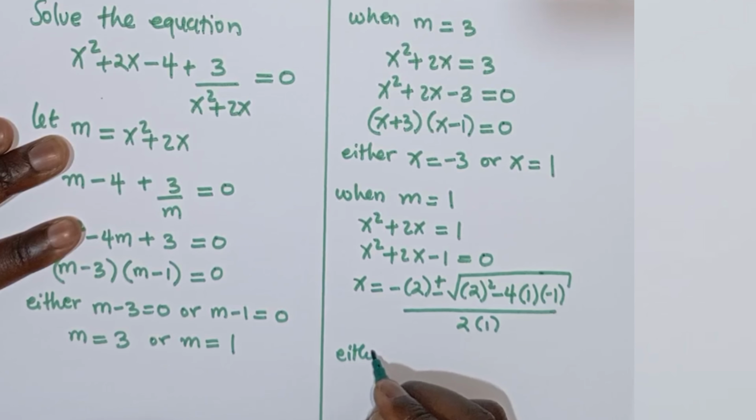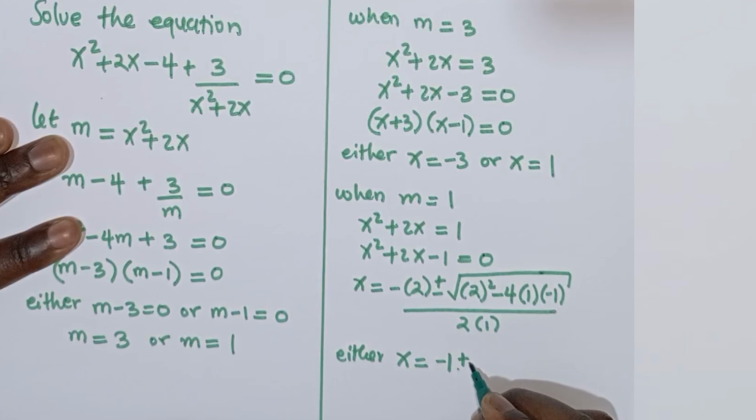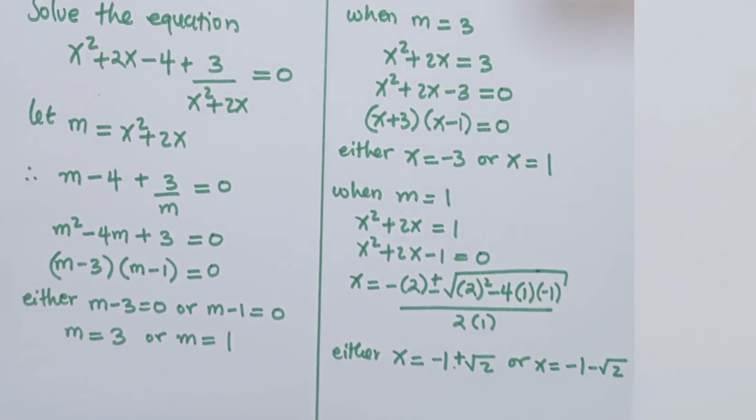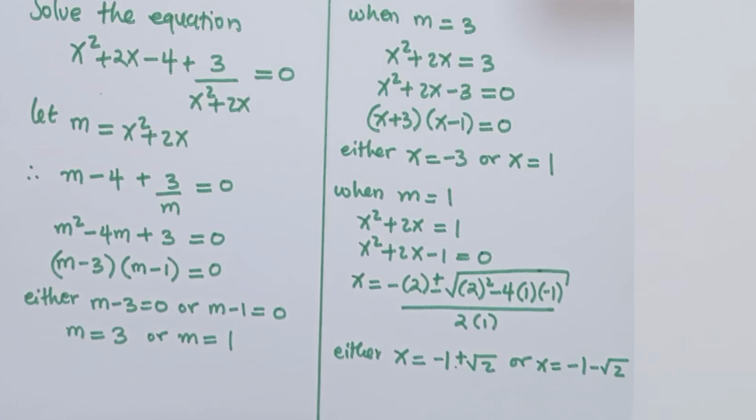Simplifying and solving it, we shall have either x is equal to negative 1 plus square root of 2, or x is equal to negative 1 minus square root of 2. So you have 4 values of x, and that's how you solve this equation.